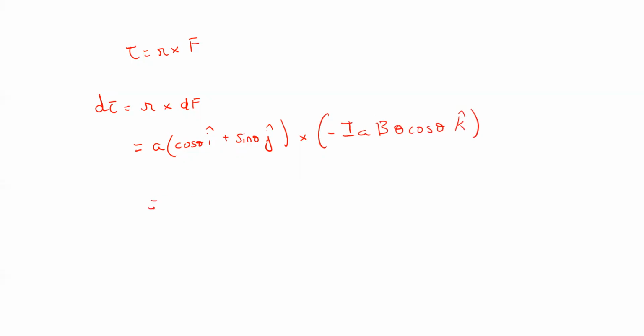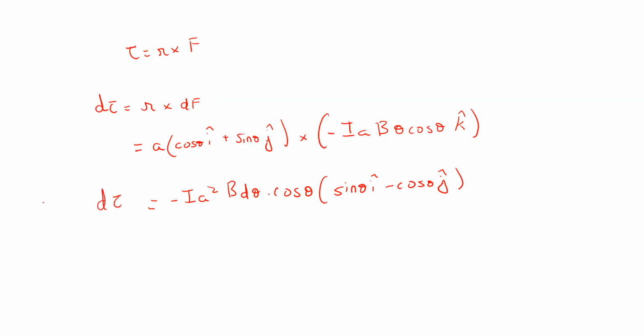So this cross product, when evaluated, gives us minus I a square B cos theta sin theta i. Now again, this is nothing but d tau.